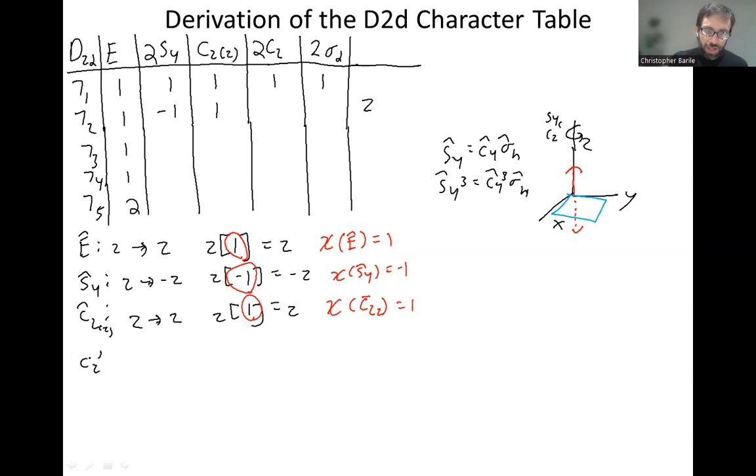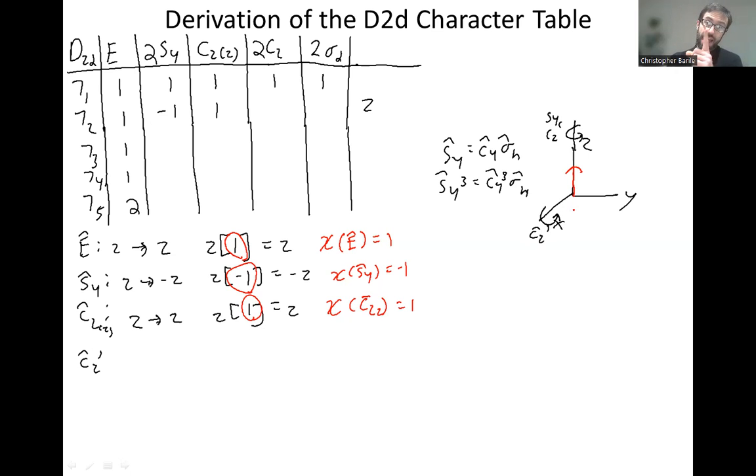C2. Well, there's two C2s. They're both perpendicular. I could define one as along the x-axis. Why don't we do that? So erase this here. And now we're thinking about a perpendicular C2, called C2 prime. And it's flipping 180 degrees.